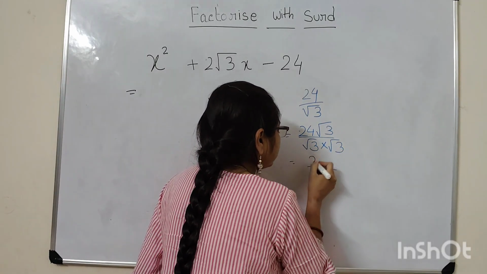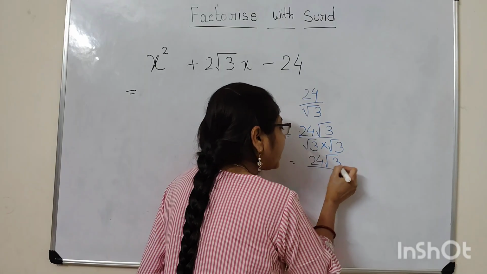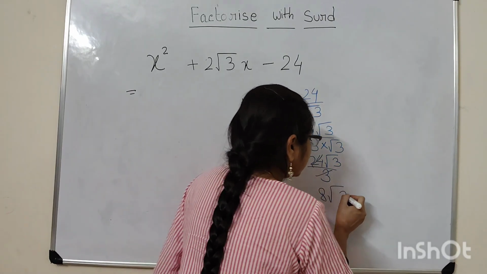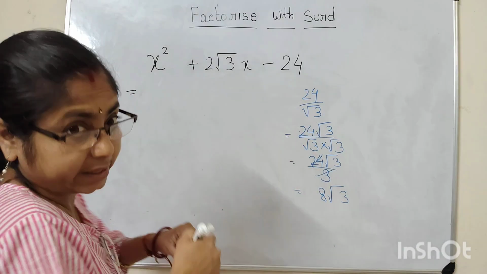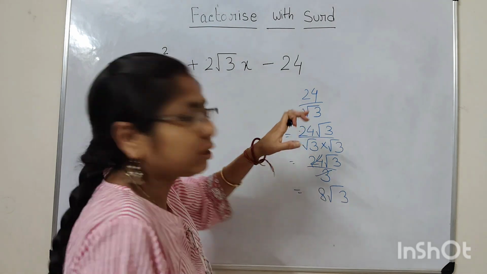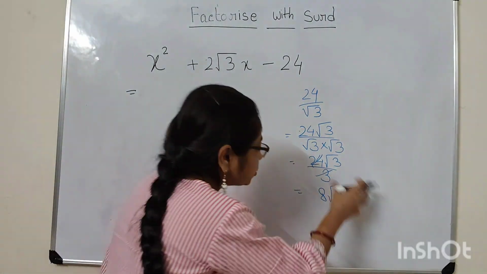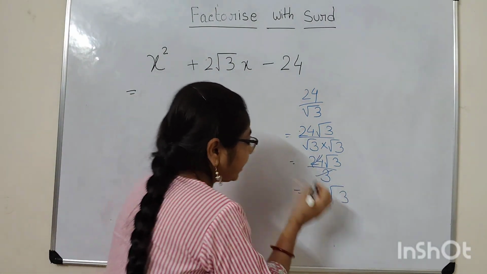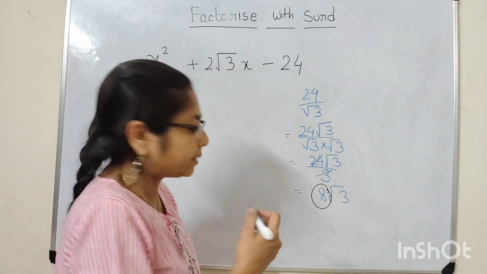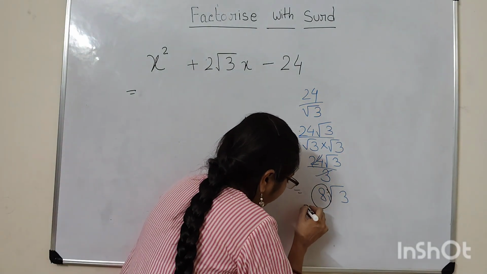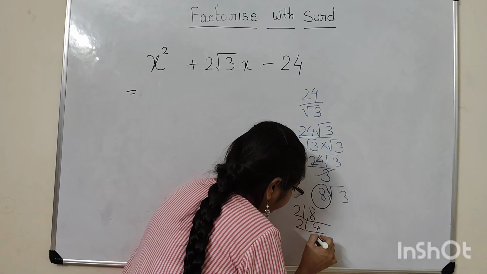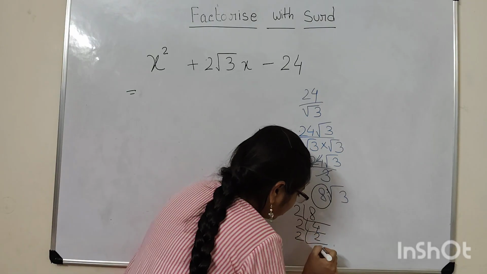Okay. 24 root 3 by 3. Now you simplify it. 8 root 3. Why is it needed? I tell this one. Here it is 24. But you make it this way. And it is a trick, so you make 8 into simplification by prime factorization method. 2, 4, 2, 2, 2, 1.